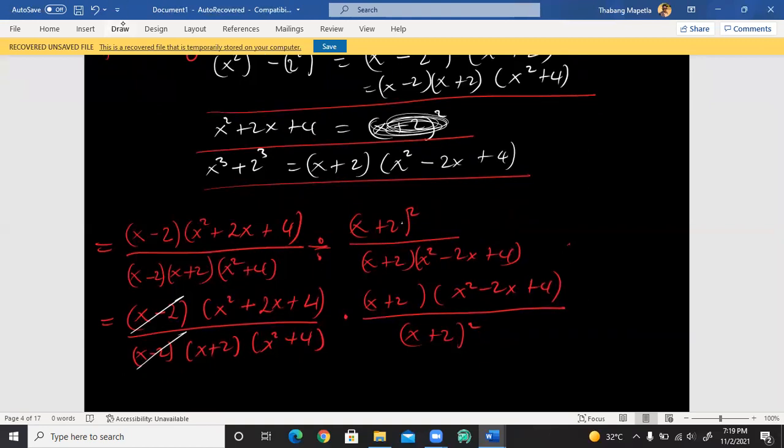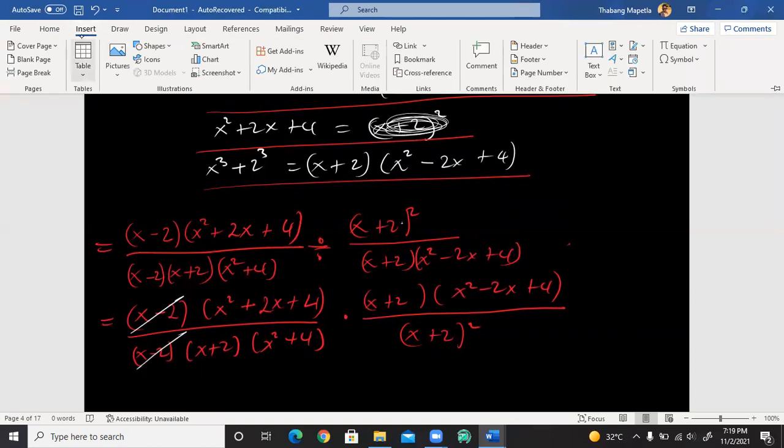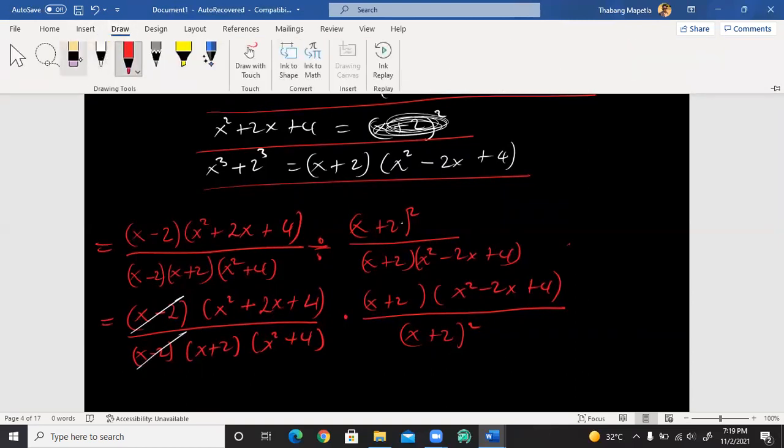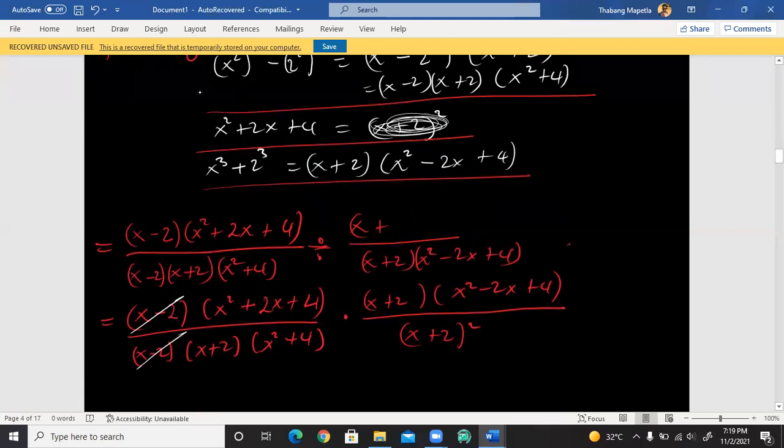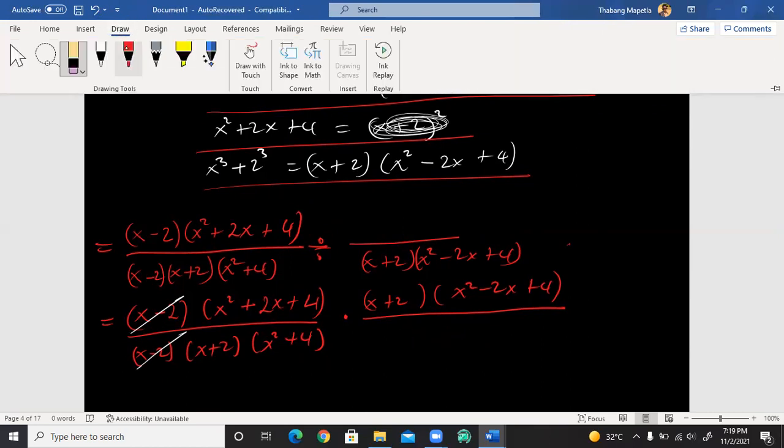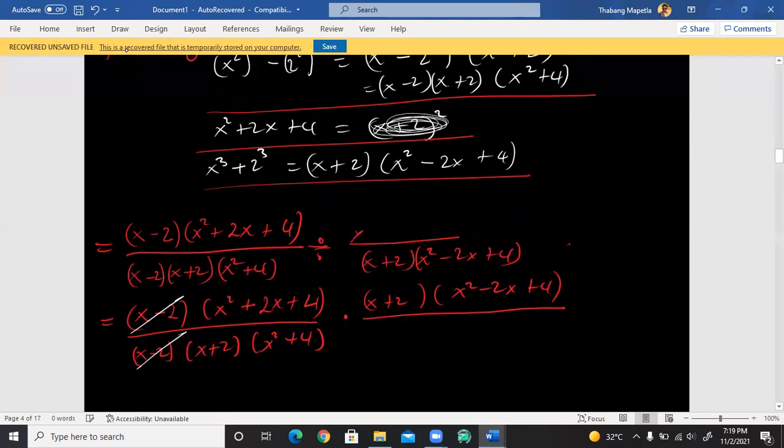So it was supposed to remain as that, and then it went down, remember? So it was supposed to be like that. My bad, I made a mistake. So it's gonna be x squared times 2x plus 4. I thought this is a 4, that's why I simplified it that way.